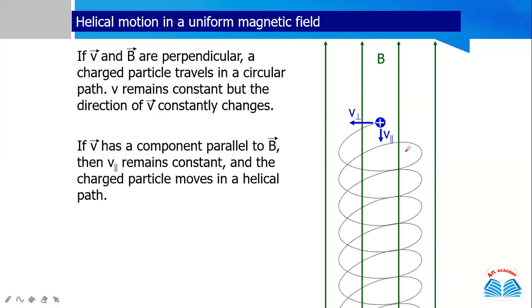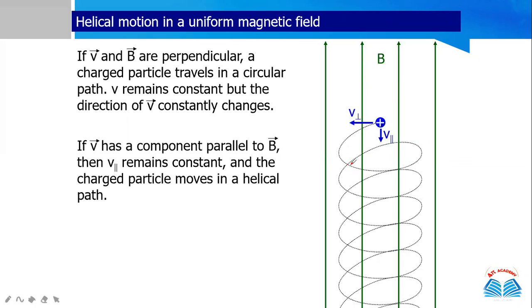Now, look at this image. This is your proton. If I divide the components of the velocity of this proton, there is V perpendicular, which is in the perpendicular direction to the magnetic field, and the second one is V parallel, which is in the parallel direction to this magnetic field. The perpendicular component makes this charge move in a circular path.